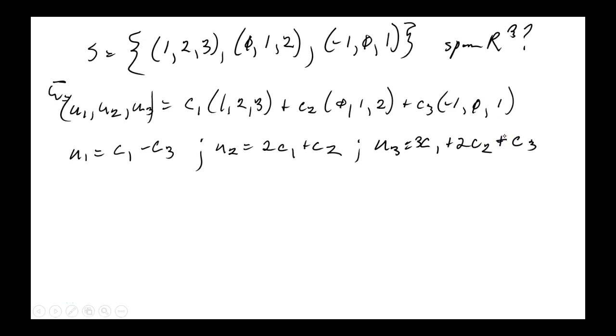All right, so we set those up as a matrix: 1, 0, -1; 2, 1, 0; 3, 2, 1.